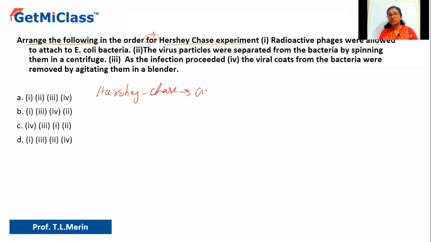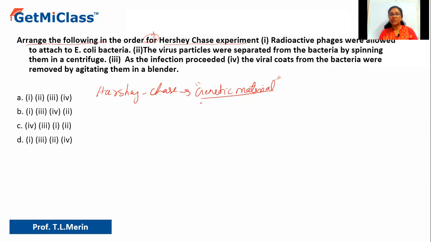They wanted to look for the nature of genetic material because Griffith, when he performed his experiment, said that the genetic material is necessary for the transmission of the characteristics, but he did not know the nature of this genetic material.